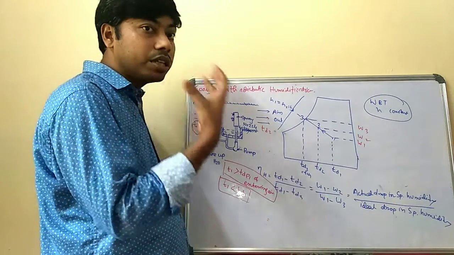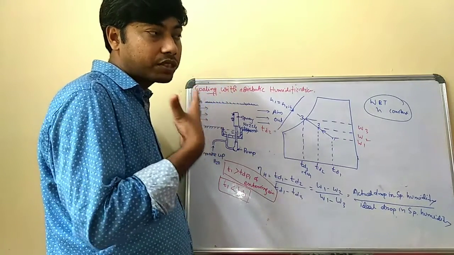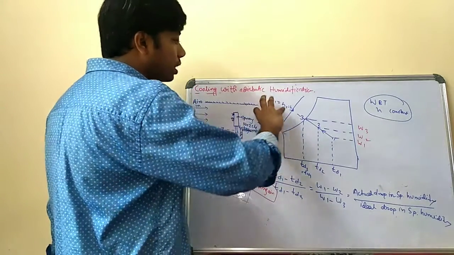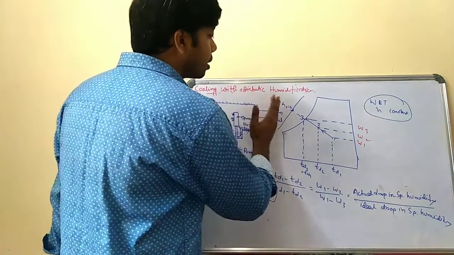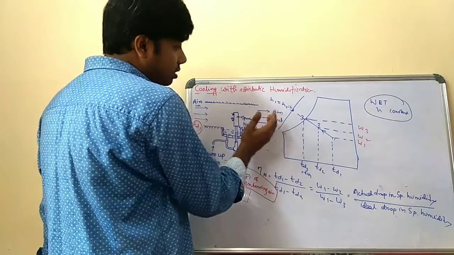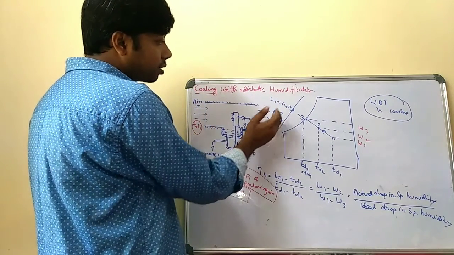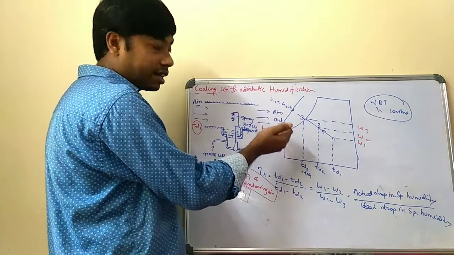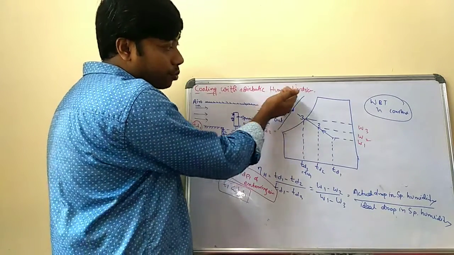So the percentage of water vapor increases when the air passes through this channel, and the specific humidity as well as the moisture content increase. In this way you get the humidification process.